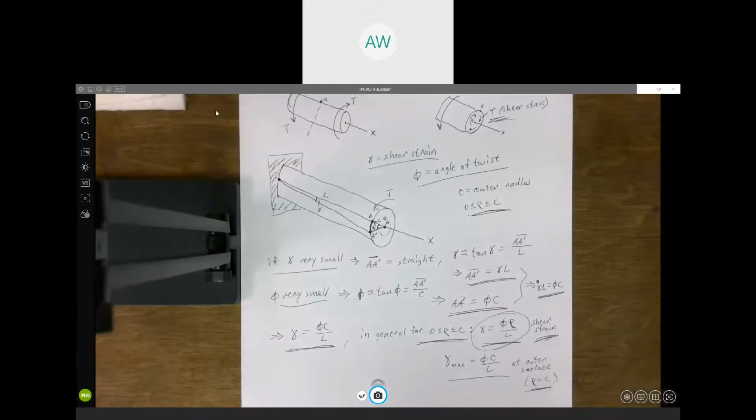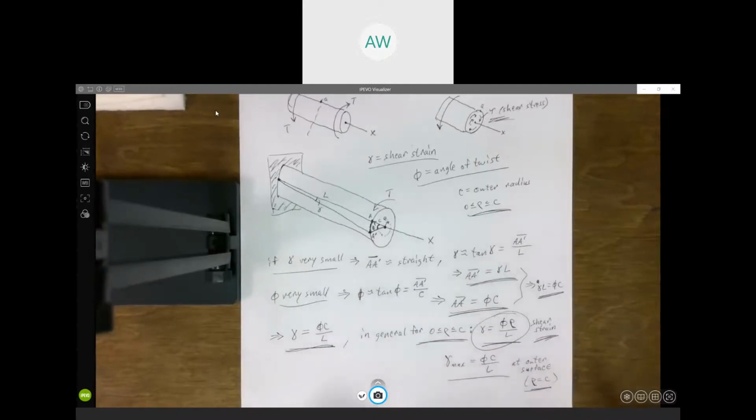It was a relationship between stress and strain. We looked at both normal stress, normal strain, shear stress, and shear strain. Anybody remember what the law was called? Hooke's law. Right. So that's how we're going to get from strain to stress.